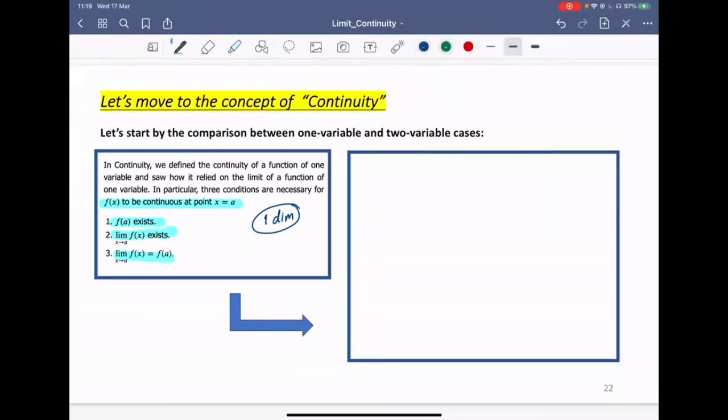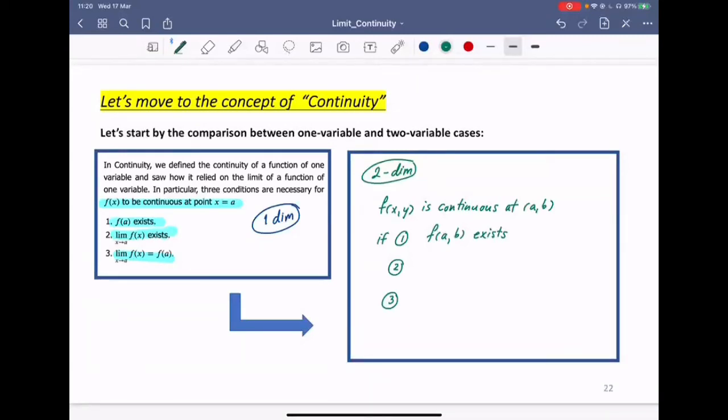So we're gonna copy the idea, copy and paste it in two dimensions. So in two dimensions, this is what we have. You're gonna say that f(x,y) is continuous in two dimensions at the point (a,b) if you have three conditions. Condition number one, for sure, f must exist. So before you used f at the point a, now you use f at the point (a,b).